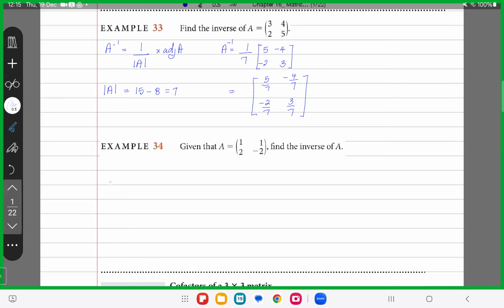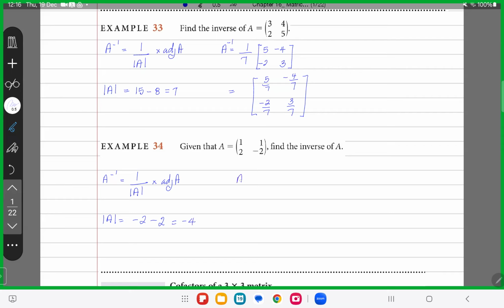As before, A inverse is equal to 1 over the determinant of A times adjoint A. The determinant of A is equal to 1 times -2, which is -2. That's the product of the leading diagonal elements, minus 1 times 2, which is 2. So this is -4.